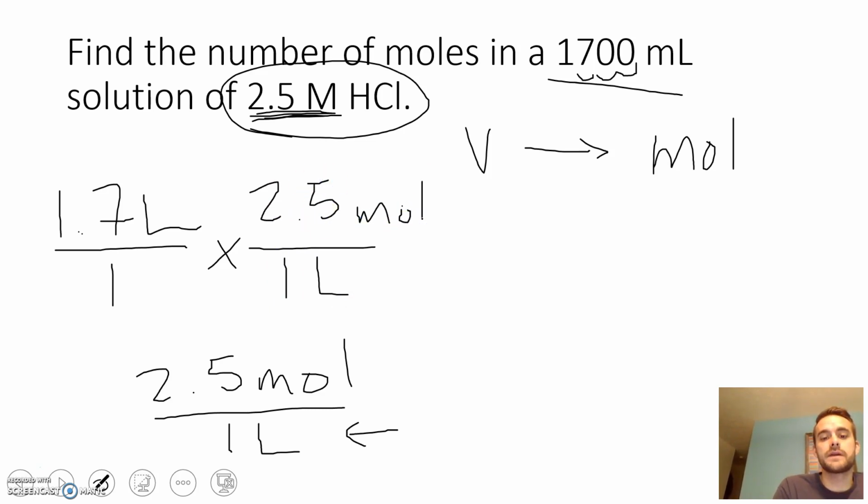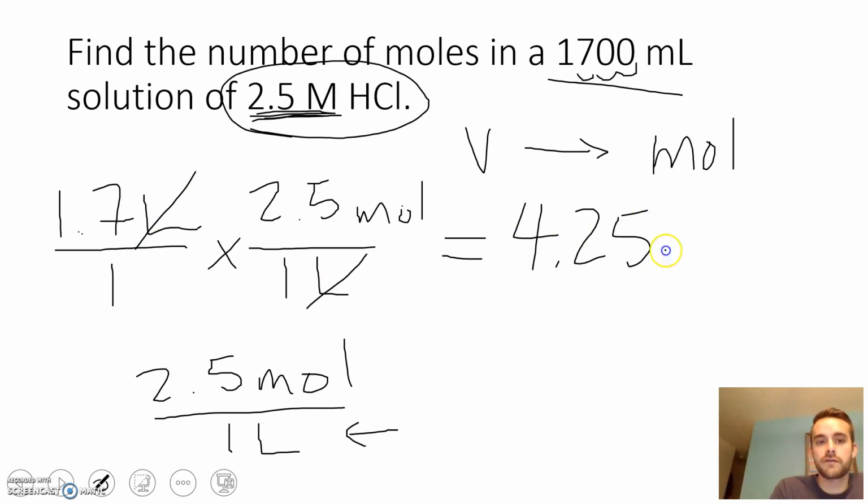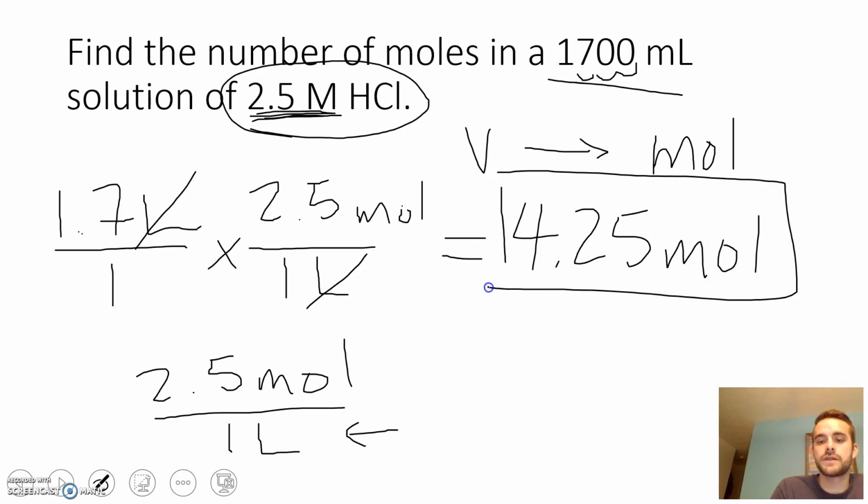If I flipped it, it would not cancel. So I'm going to cancel out liters. I get 1.7 times 2.5, which is 4.25 mole. And that's how many mole of HCl that you would have in that solution. Okay.